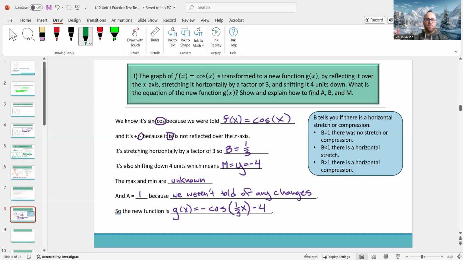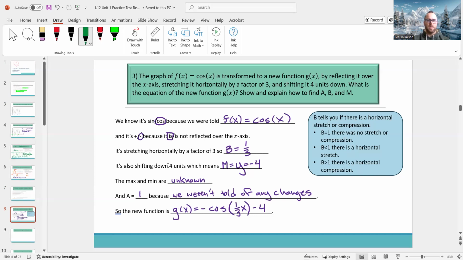It's stretching horizontally by a factor of 3. So remember, if it's stretching by a factor of 3, that means b is the reciprocal of that. This is counterintuitive, so make sure you maybe highlight that part. Okay? And here's some more information on b to help you understand what's going on there.